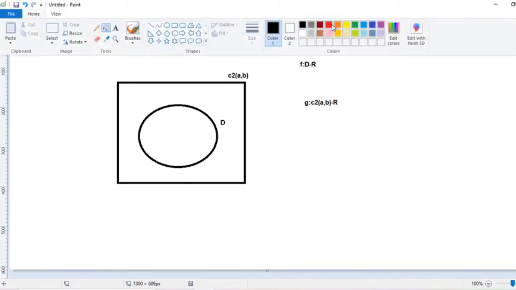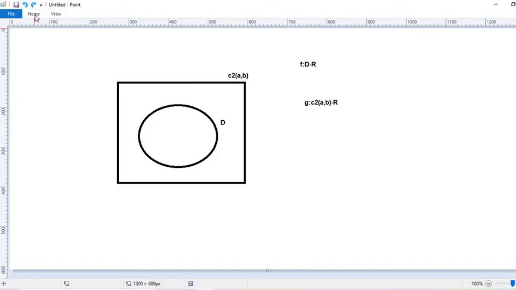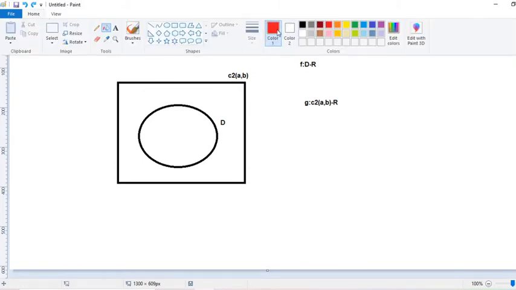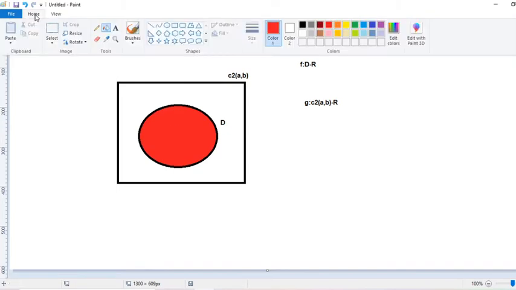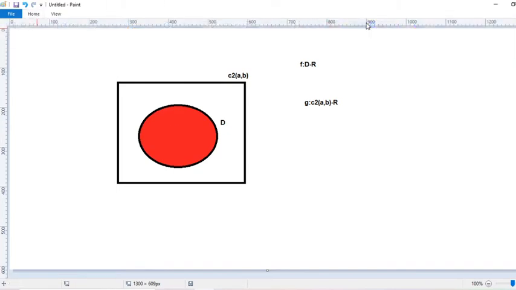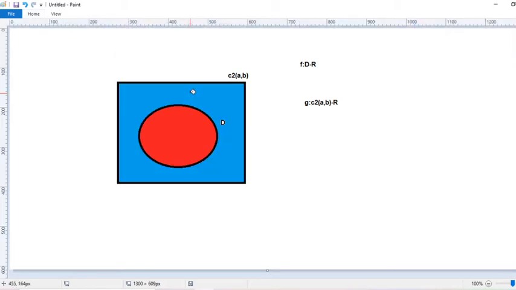One set is D itself and the other set is C2 of a, b minus D, that means D complement intersection C2 of a, b.